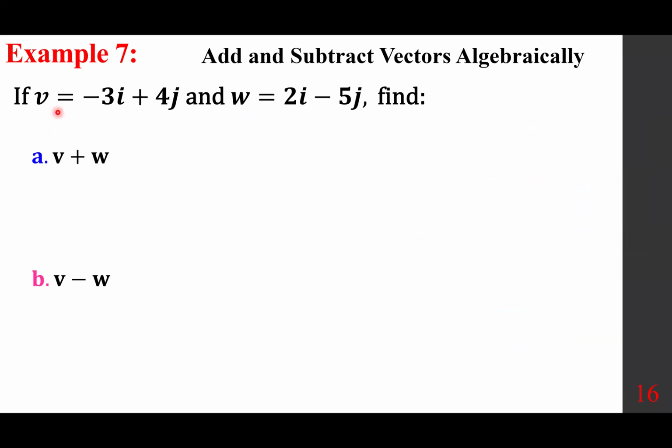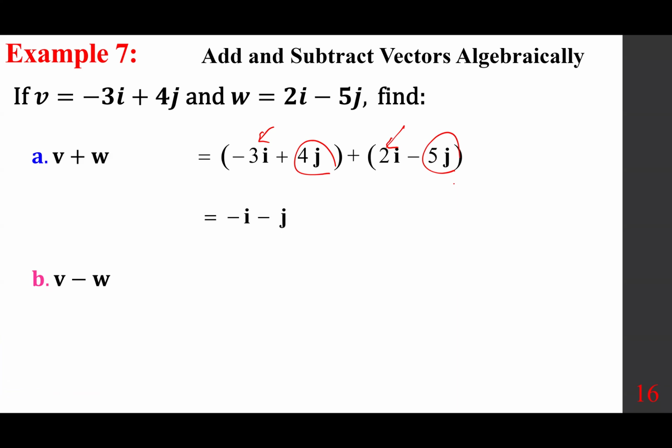Add and subtract. v is given, w is given. We want to find v plus w. Just add them up. When you add them up, you add up the components, meaning you add up these two. You get negative i. These two, you get negative j. That's what adding is all about.